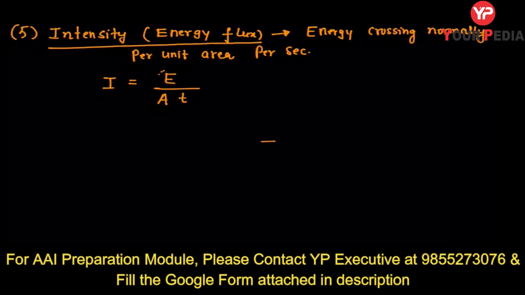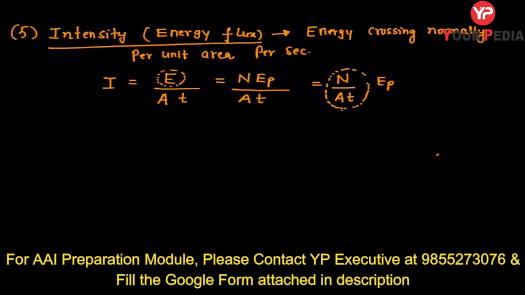Now see student, whatever energy is crossing per unit area, that will be in the form of photons. It means if I express it in the form of photons, it will be n EP, number of photons times individual photon energy, upon AT. So if I write it separately, it is n upon AT multiplied by EP. Now tell me, what does this term represent?